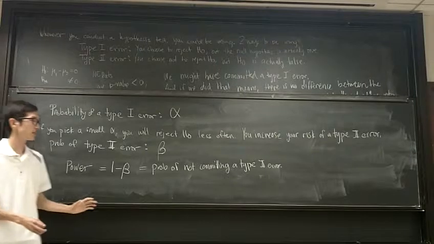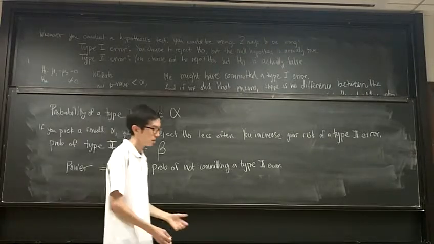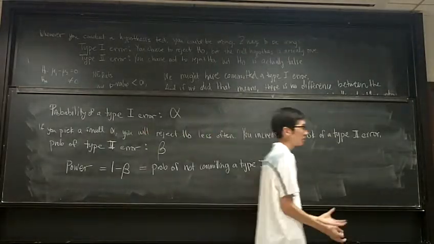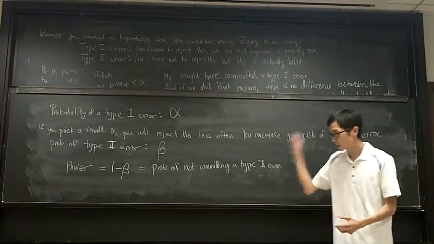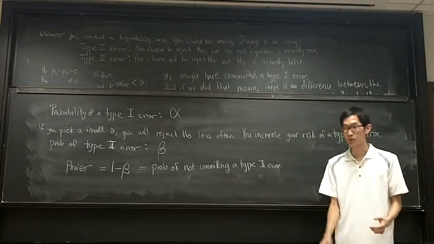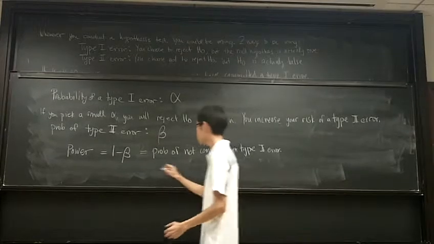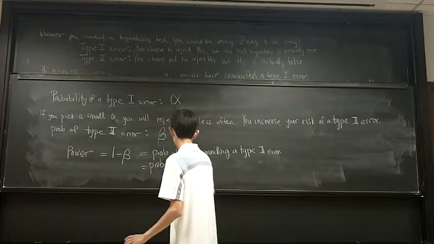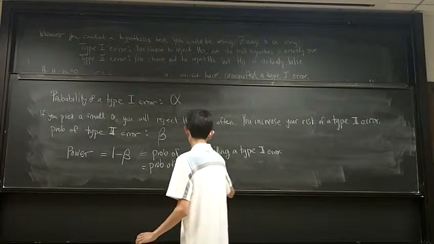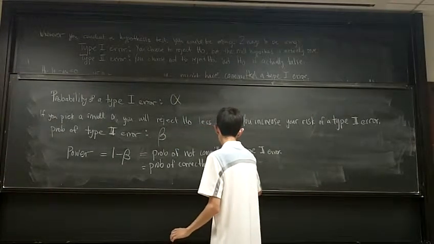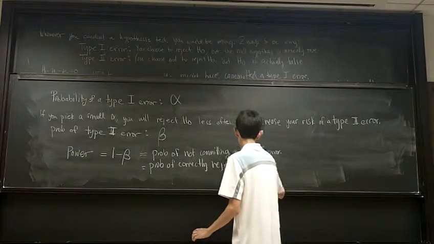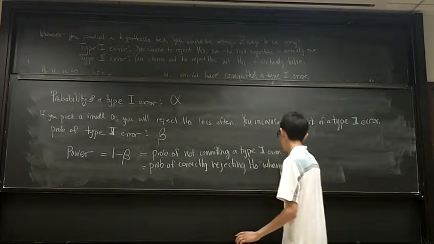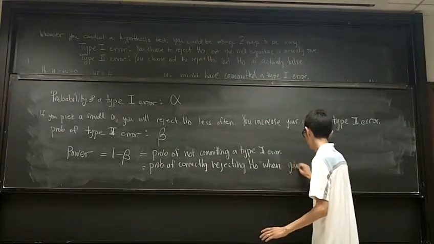Okay? Power. So the power of a test is how good this test is at correctly rejecting the null when it's supposed to. Okay? So wait, let me just write this down. Probability of correctly rejecting the null hypothesis when you are supposed to.